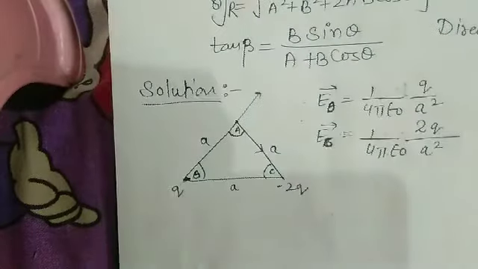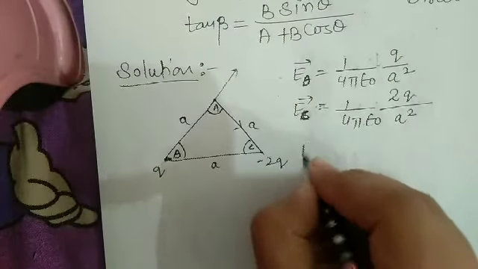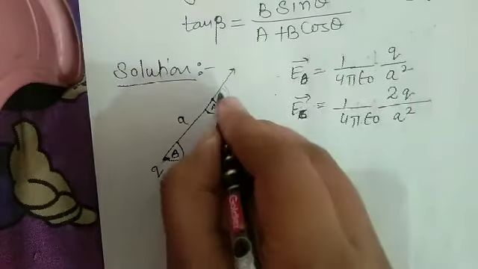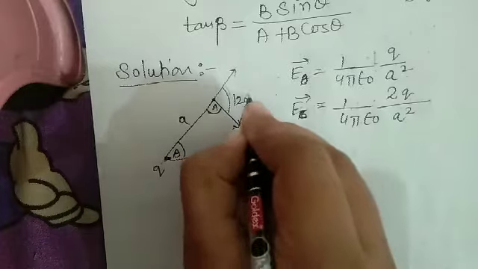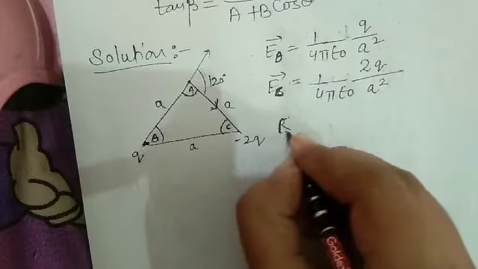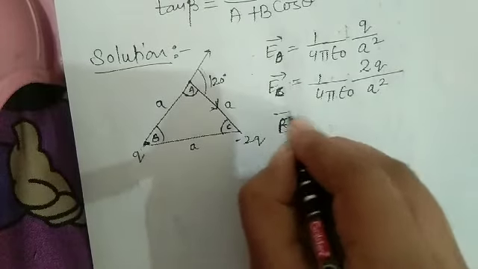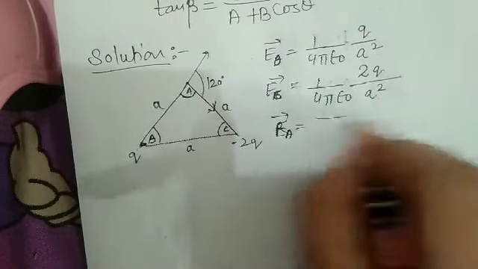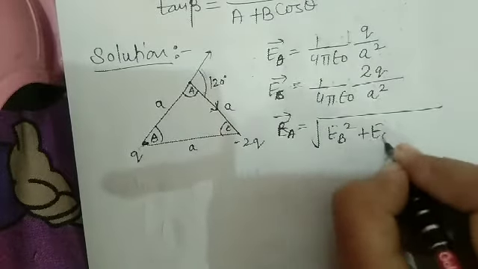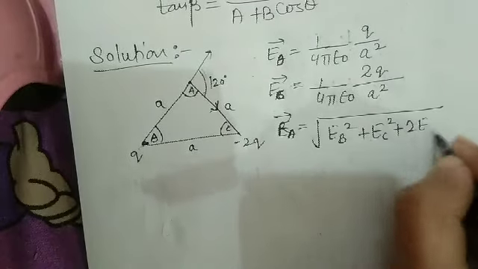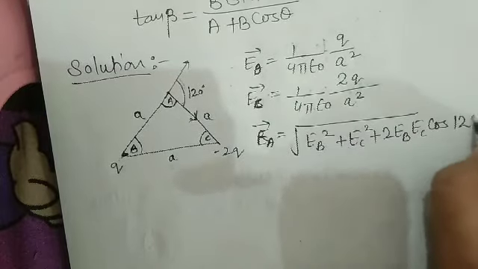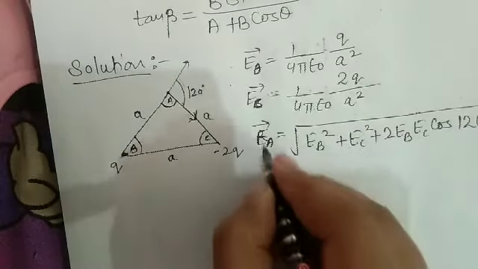Now to get the result, as these two are acting along different directions inclined at an angle of 120 degrees, I already explained to you. Now the resultant electric field, or electric field at point A, is equal to the square root of EB square plus EC square plus 2 EB EC cos 120 degrees.